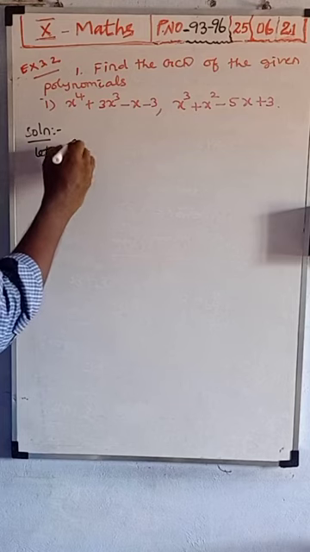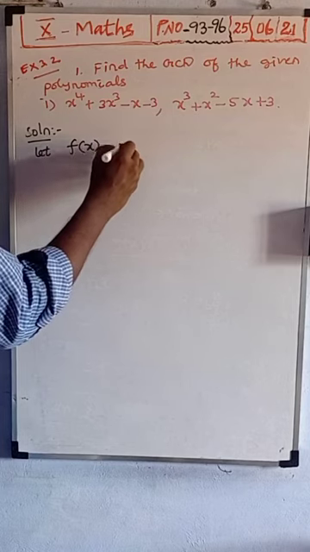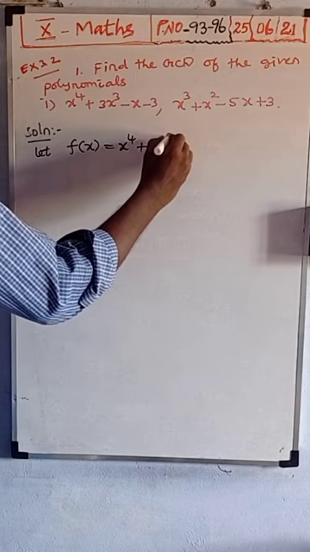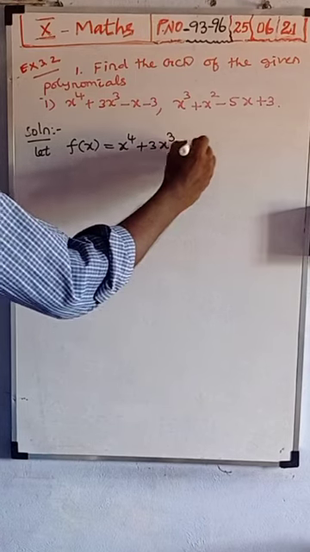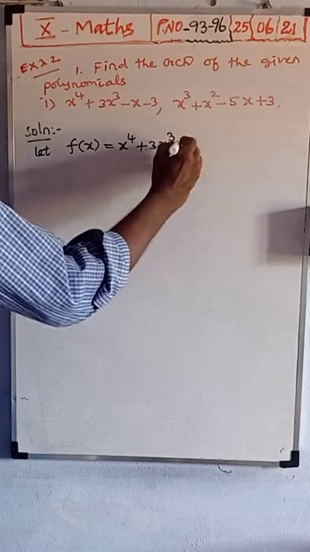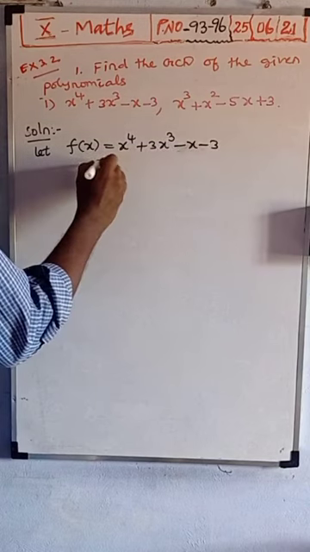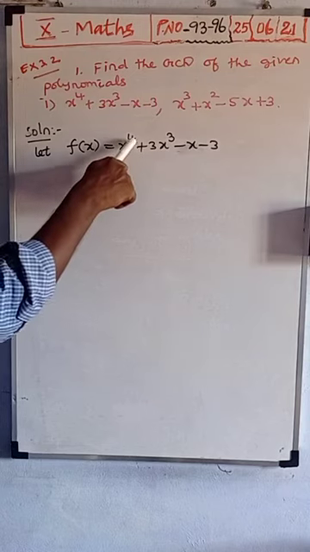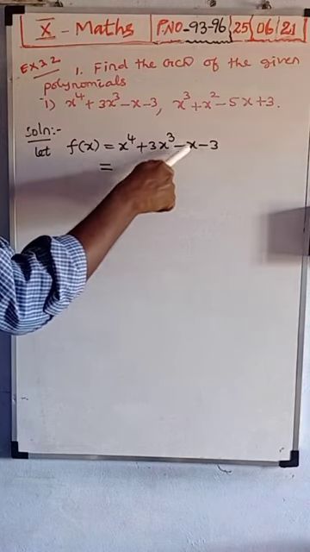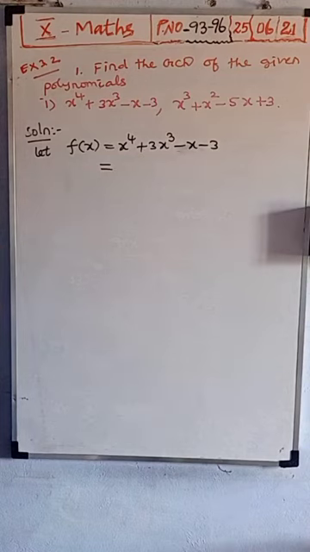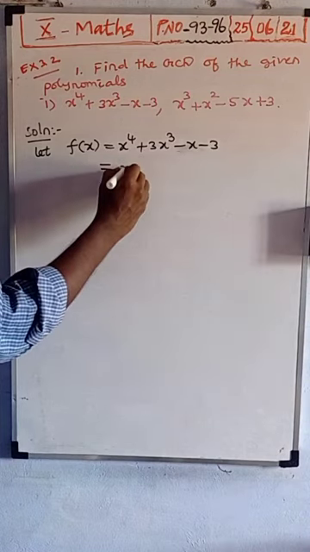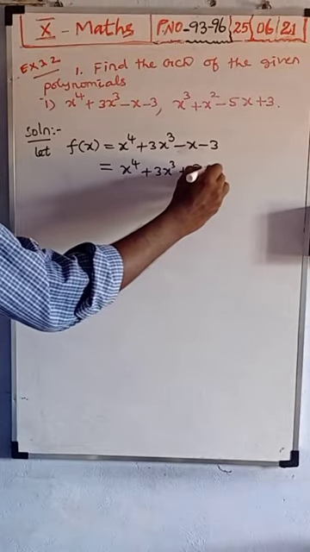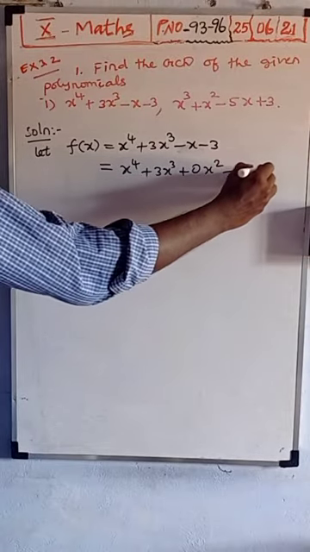Let f of x is equal to x power 4 plus 3x cube minus x minus 3. You check it first. Here x power 4 is there, next power 3 is there. Which term is missing? The square term is missing. So first you want to write x power 4 plus 3x cube plus 0x squared minus x minus 3.